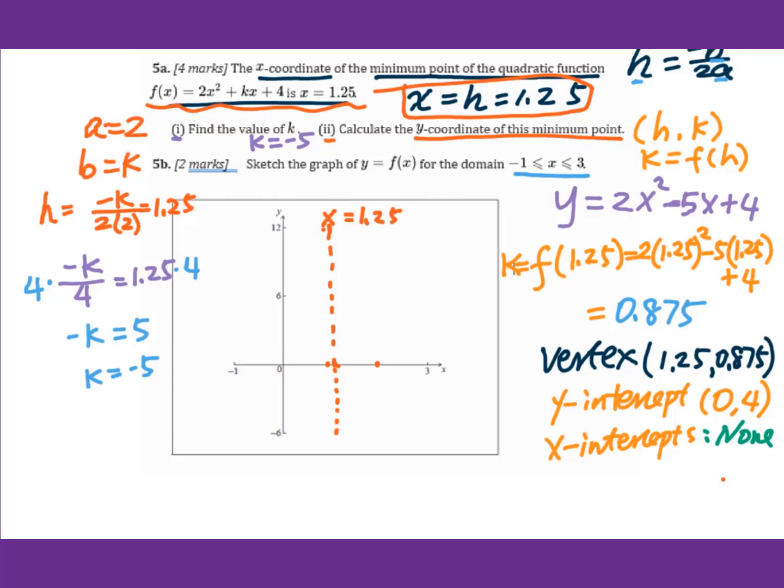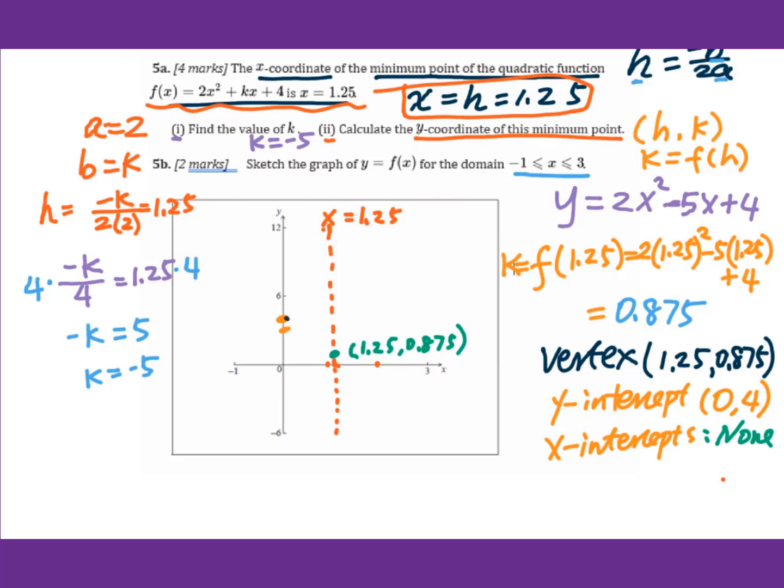The vertex will be 1.25 and 0.875. Yeah, let's make this one is 1.25, 0.875. The y-intercept is 0, 4. This is 3. So let's estimate this is 4.